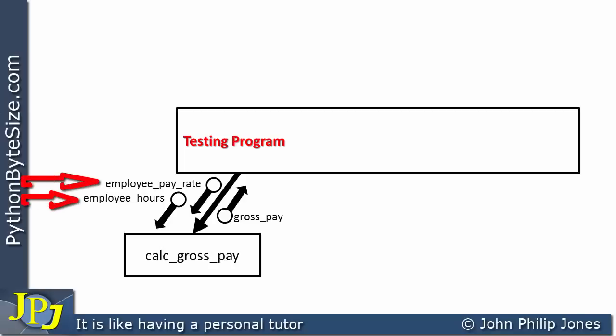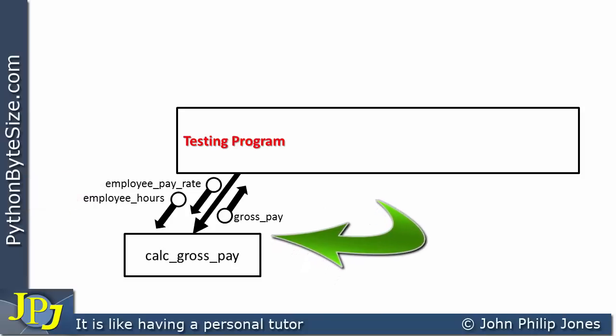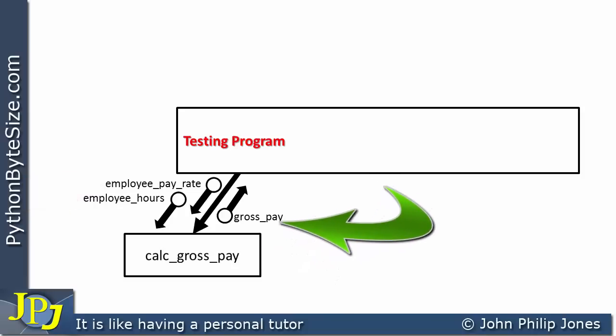Now, there's something important that we have to appreciate here. These two input data couples and this output data couple, when we go to the code, these two are going to be the input parameters to this function, and this one is going to be the return value from this particular function.